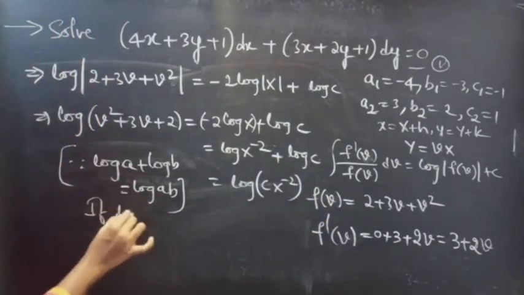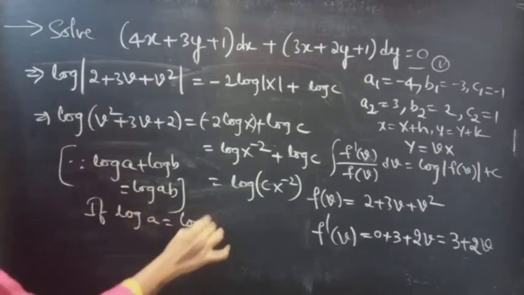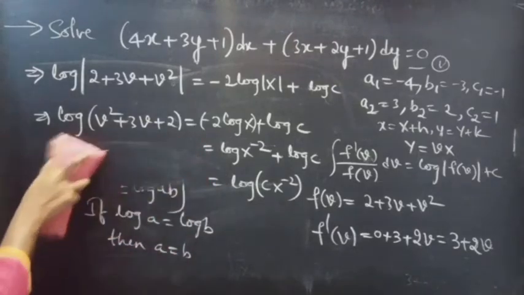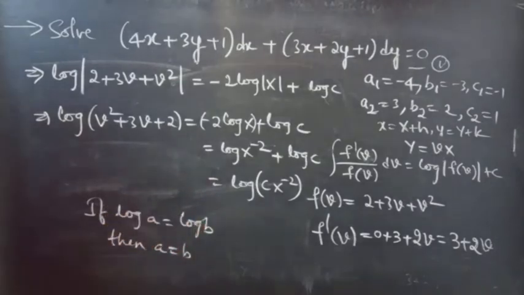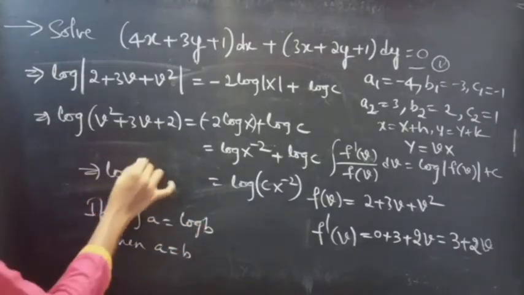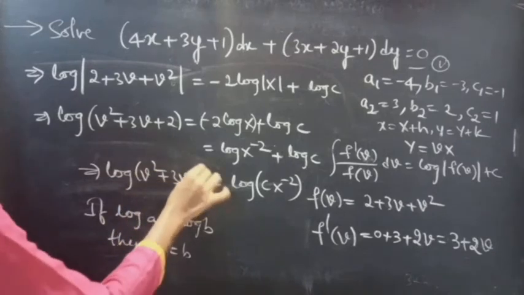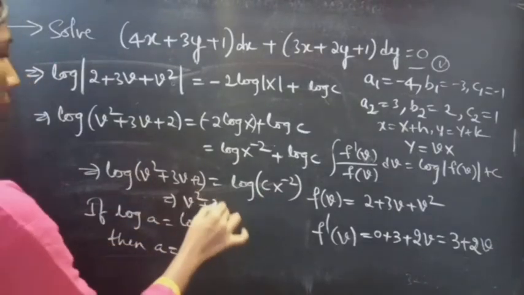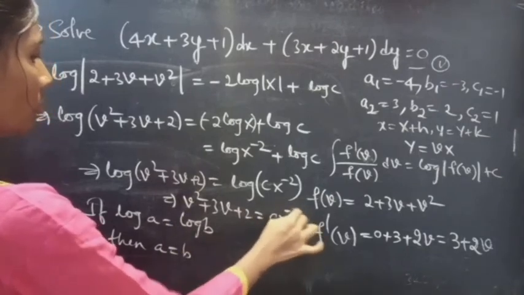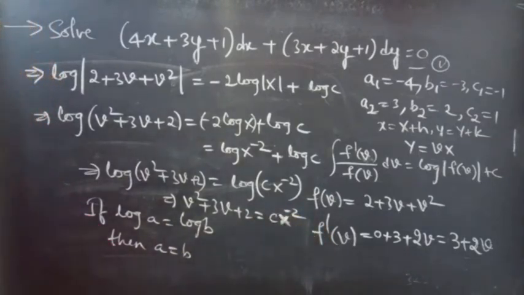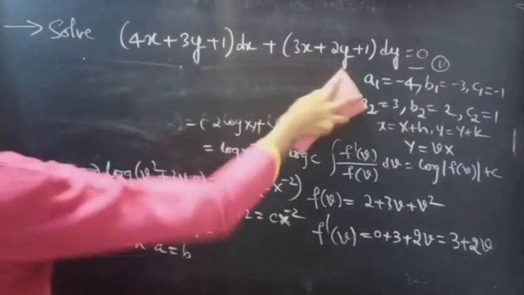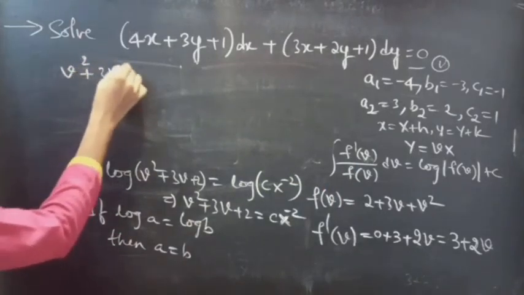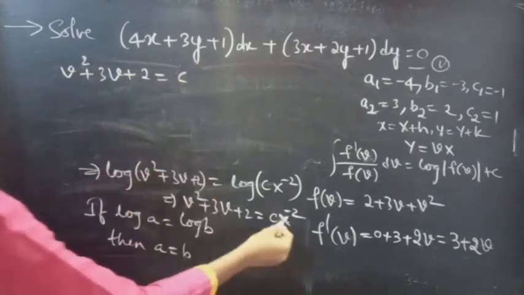Also we know that if log A equals to log B, then A equals to B. Then v square plus 3v plus 2 equals to c into x power minus 2.